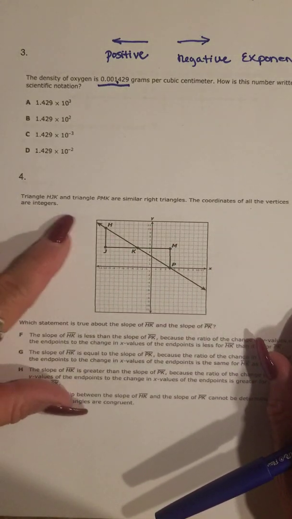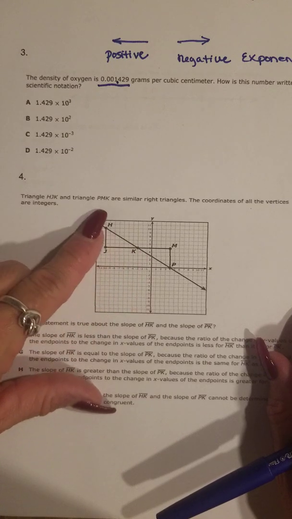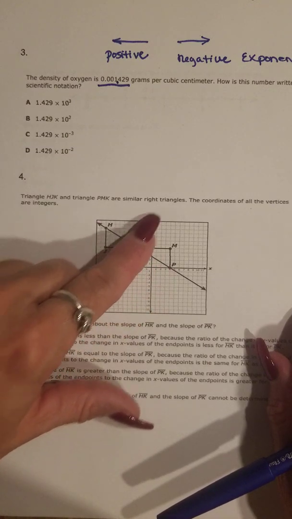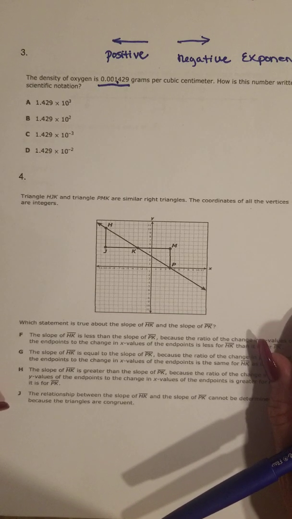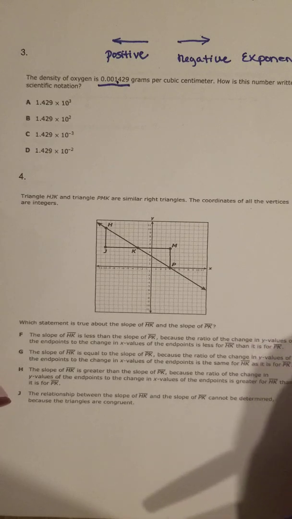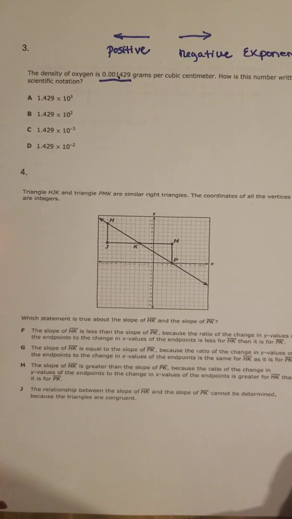It says triangle HJK and triangle PMK are similar right triangles, which means if they're similar, they're proportional. The coordinates of all the vertices are integers, which means they're not fractions. They're either positive or negative whole numbers, okay? Which statement is true about the slope of line HK?